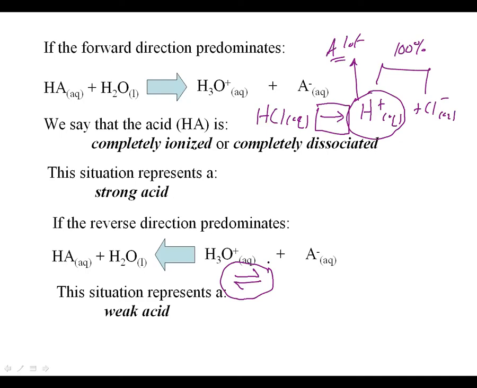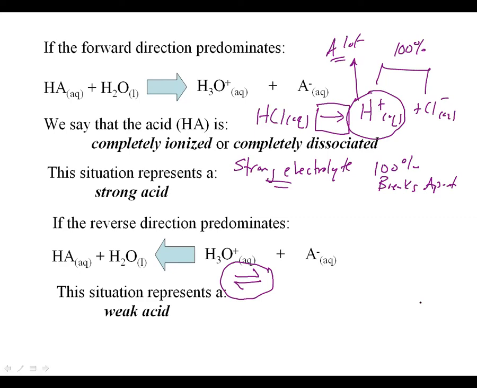And basically what that means is this is really a weak electrolyte. Something like a strong acid or a strong base is a strong electrolyte, which, as we talked about, 100% breaks apart. And something that's a weak acid or a weak base is a weak electrolyte.